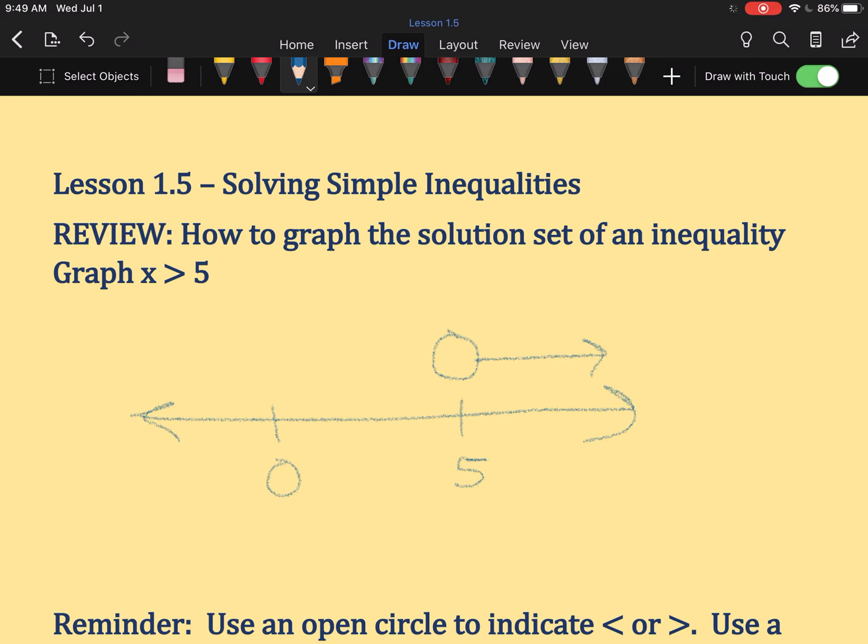If the inequality symbol has the or equal to bar underneath of it, we fill the circle in. Greater than inequalities point to the right, just like the greater than symbol does. And less than inequalities will point to the left, just like the symbol will. That is only true when the variable, the letter, is on the left side. If it's not, I will show you how to deal with that when it happens.